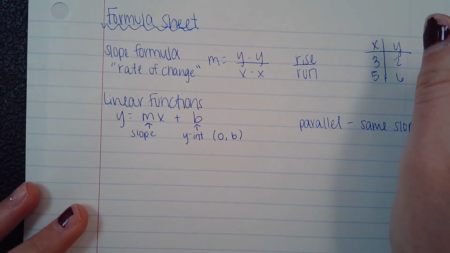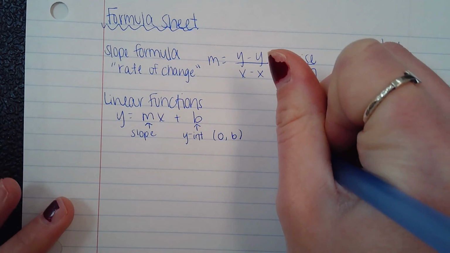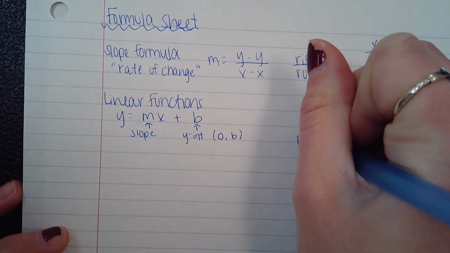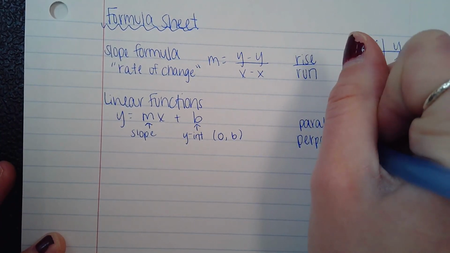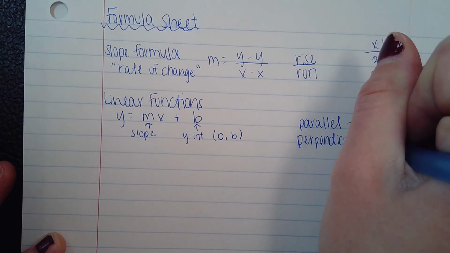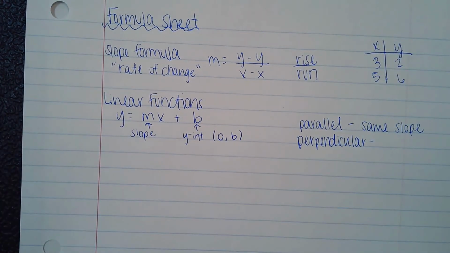Then for perpendicular, what kind of slopes do they have? 2 words, kind of big. Different? They are different. Do you remember how to make it different?